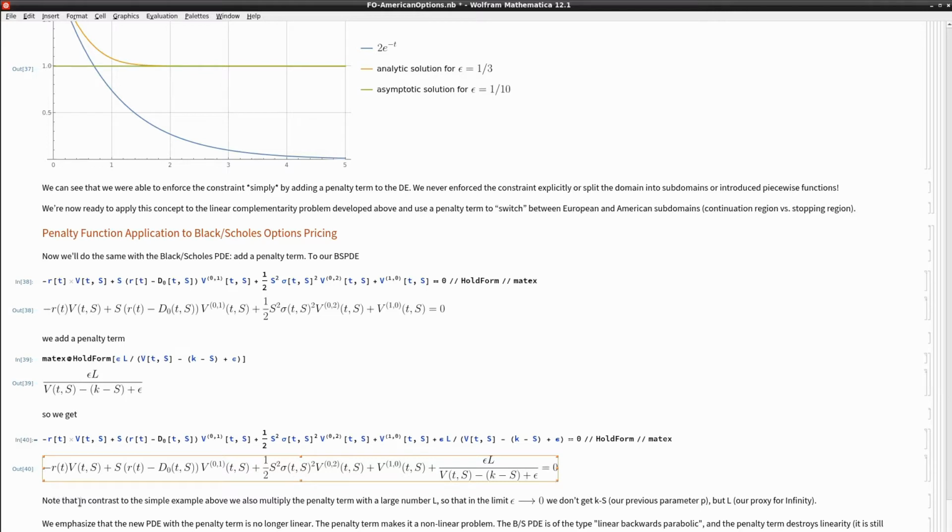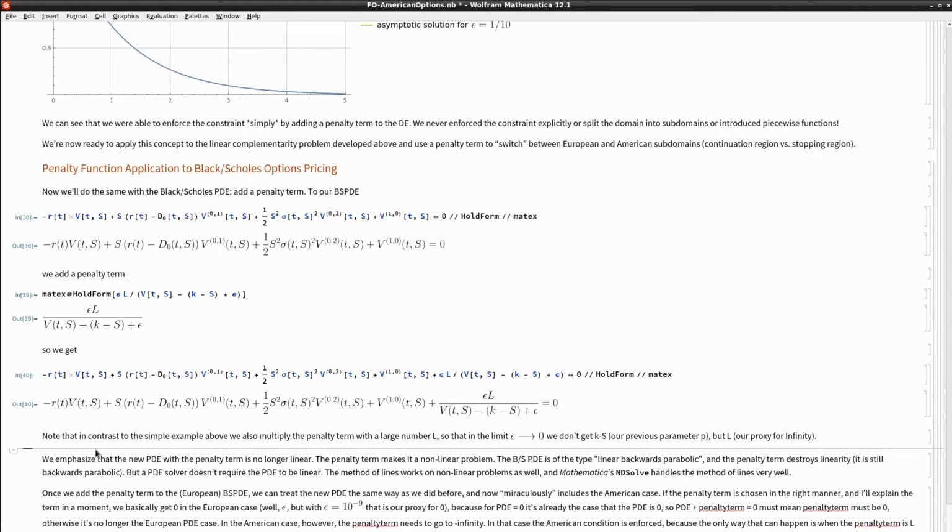So note that in contrast to the simple example above, we also multiply the penalty term with a large number L, so that in the limit epsilon to 0, we don't get K minus S, but we're getting L, our proxy for infinity. Right? It's clear how we are seeing how this develops. If our put price V has the same value as parity, K minus S, this difference is 0.